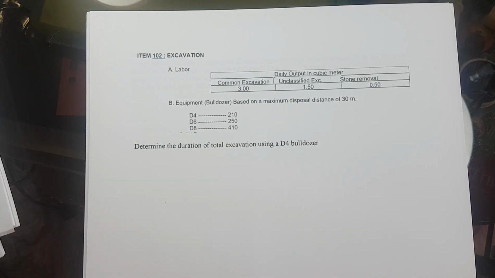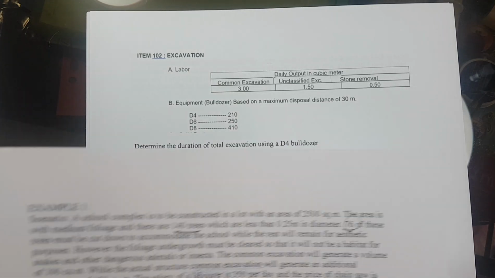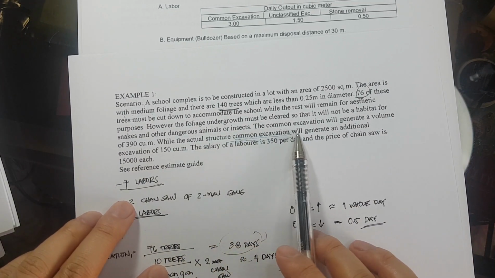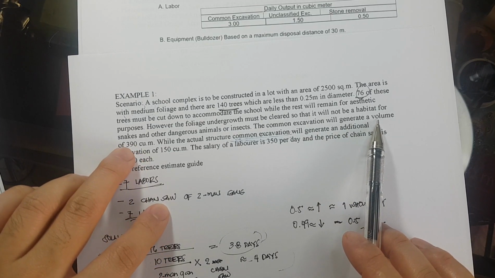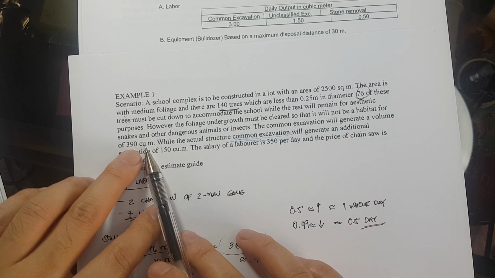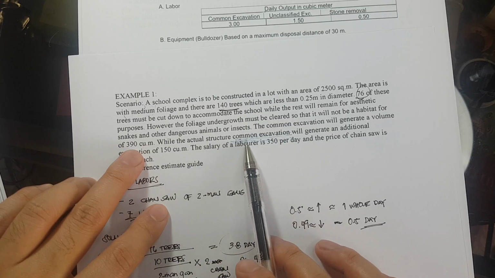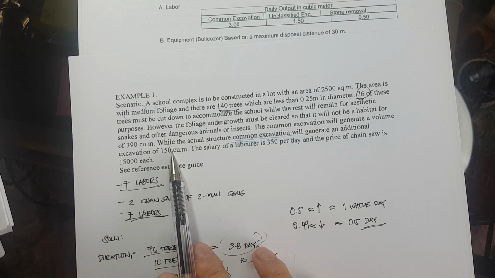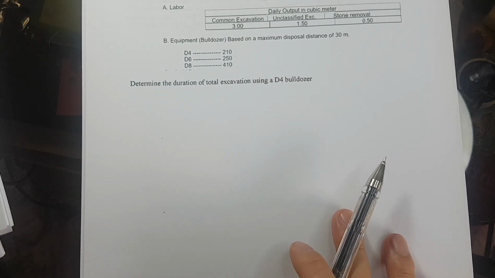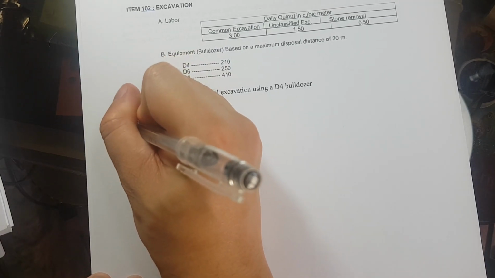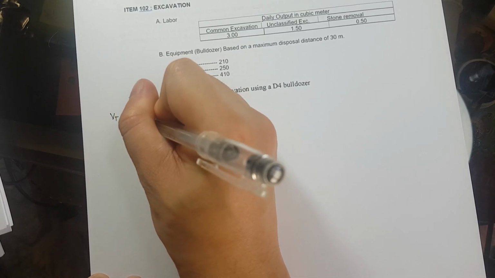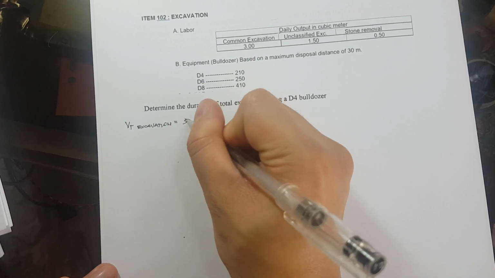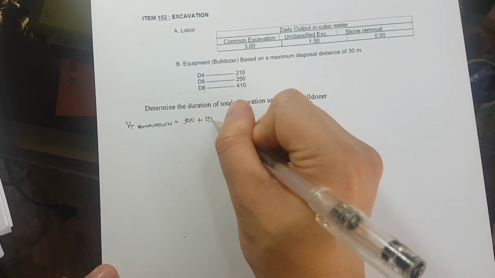Okay? Now, going back to the problem, ang sabi doon sa problem natin, the common excavation will generate a volume of 390 cubic meter, while the actual structure common excavation will generate additional 150 cubic meter. Therefore, the total volume of excavation is equivalent to 390 plus 150.